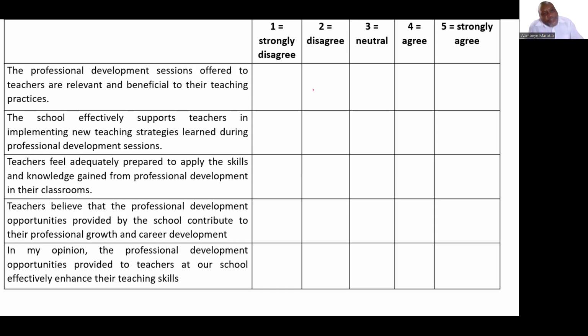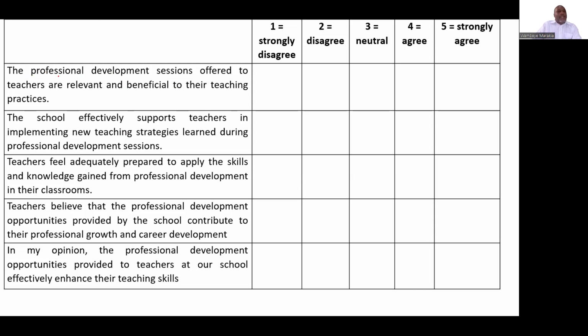In this case, the first question on the Likert scale asks them to agree with the professional development sessions they have attended: the professional development sessions offered to teachers are relevant and beneficial to their teaching experience. So we are looking at the sessions respondents have attended, and whether these are making way for them.